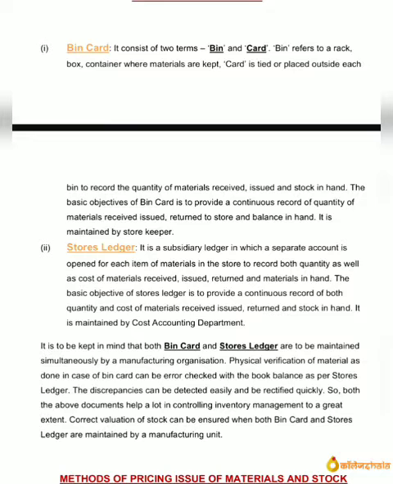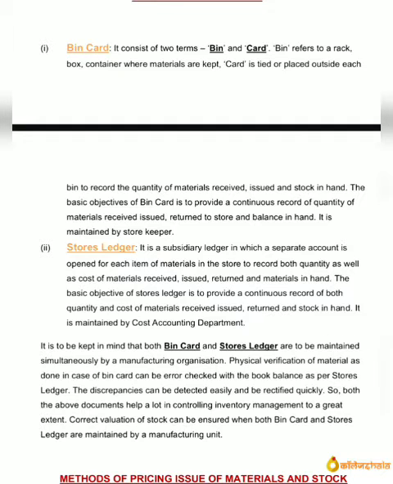whereas in the stores ledger we find quantities as well as values. So regarding differences in quantities, we can easily detect if both the stores ledger and bin card are being maintained separately.